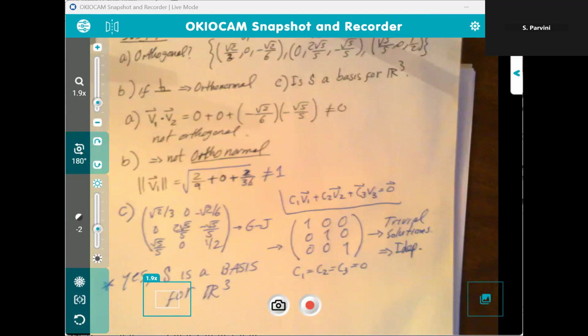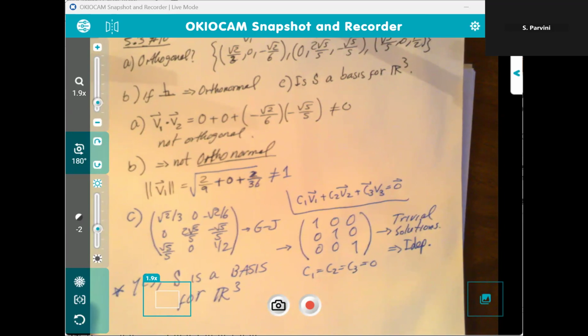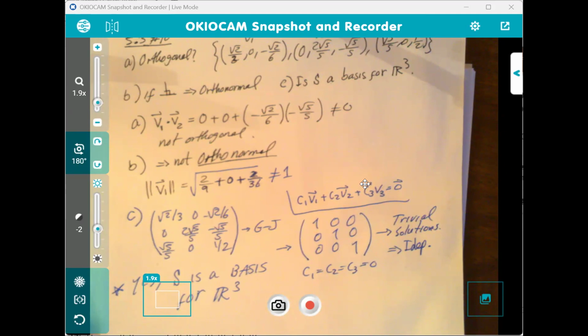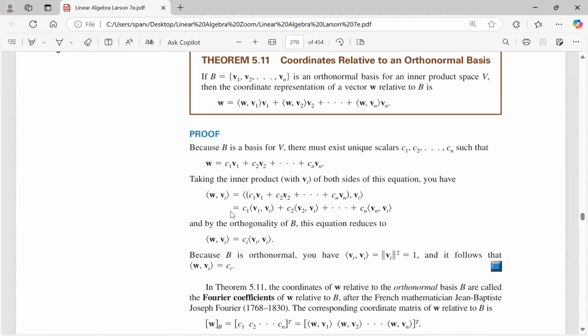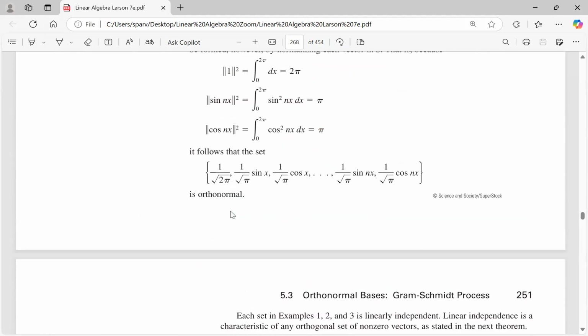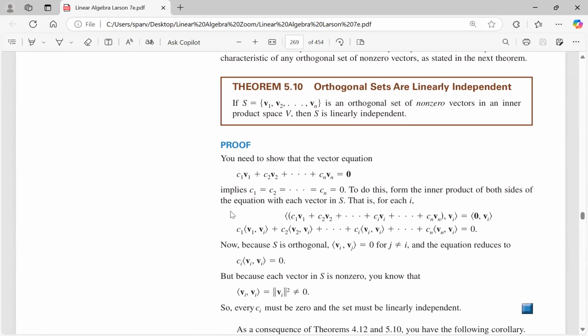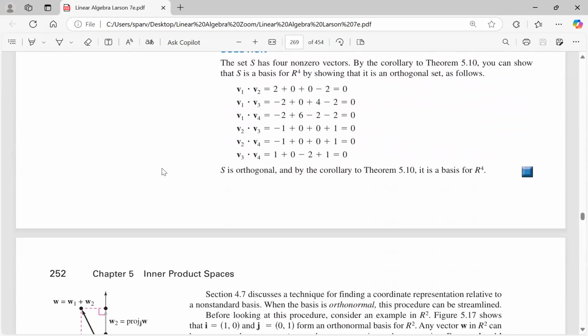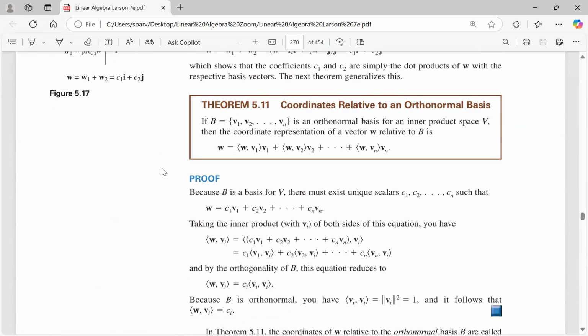I'm going to change my share to the book, to this page of the book, right here. We talked about this theorem, and hopefully now this theorem makes sense, and theorem 10 as well. Let's take a look at now theorem 11.